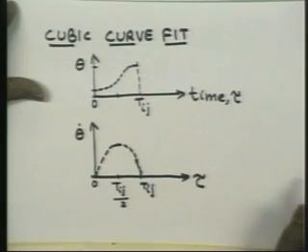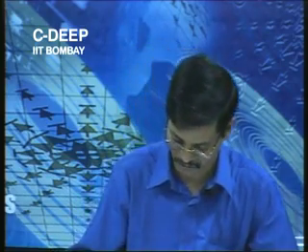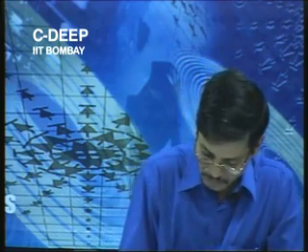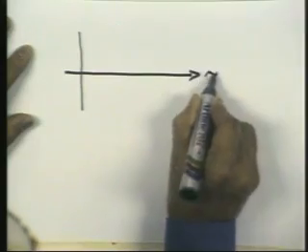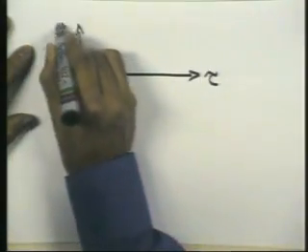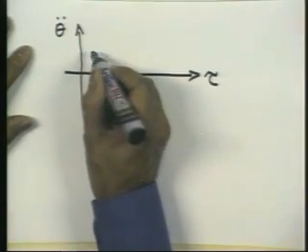Okay. Your velocity profile for this type of cubic polynomial curve would look like this. Now, if you look at how the accelerations will be for these cubic spline segments, that is, theta double dot will be something like this.